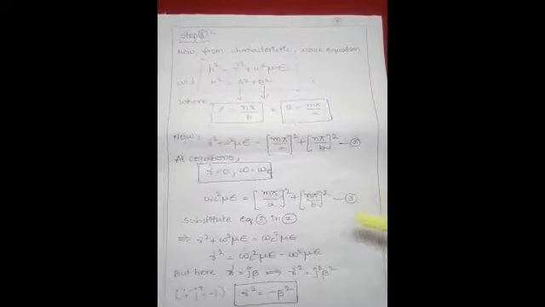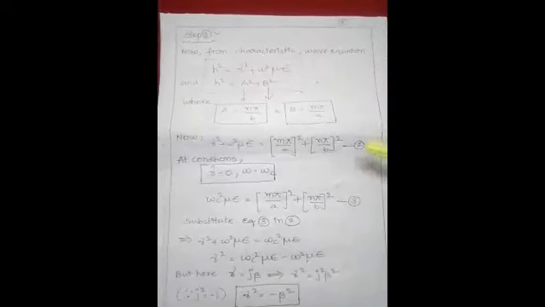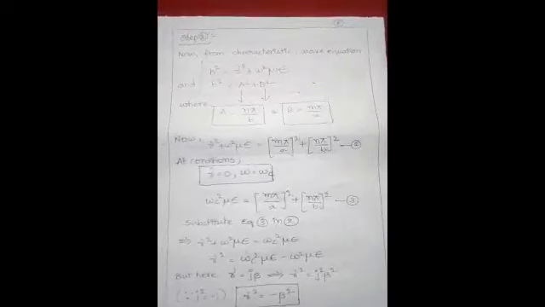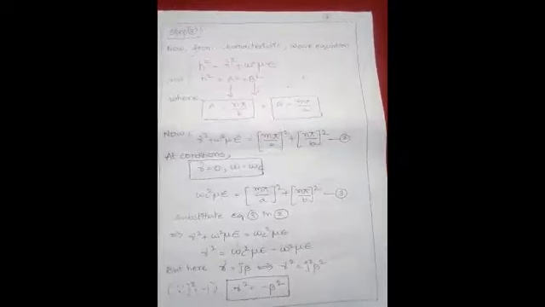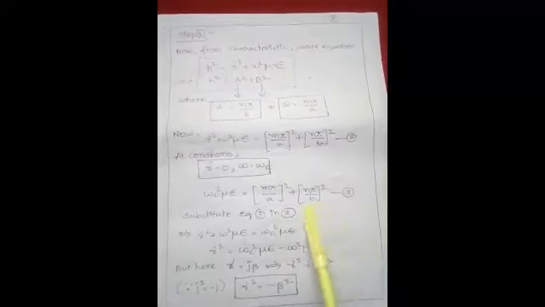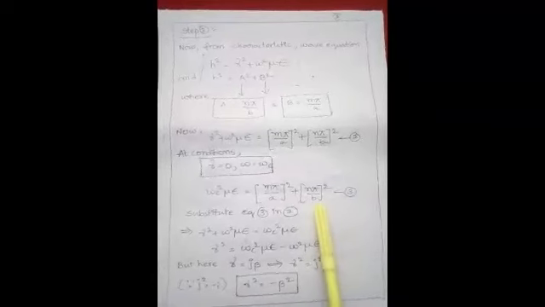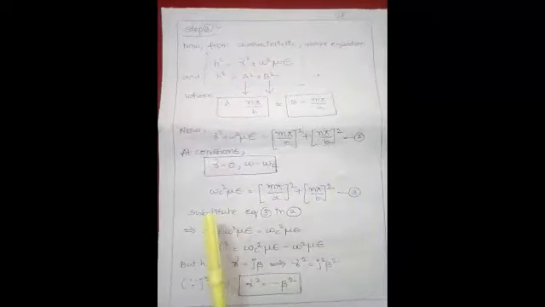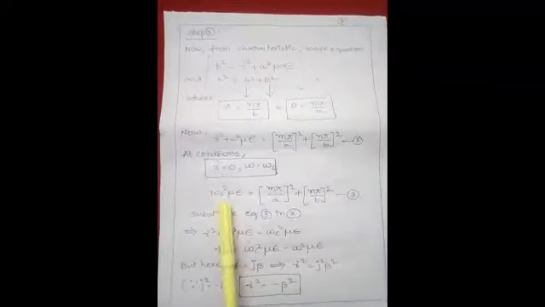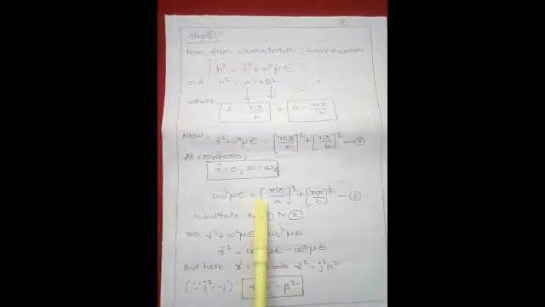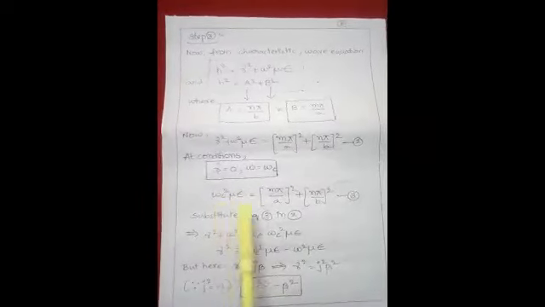Now substitute equation 3 in equation 2. What should we do here? We compare this whole term, that is m pi by a square plus n pi by b square, with the small term omega c square mu epsilon. There is an equal to symbol between both.